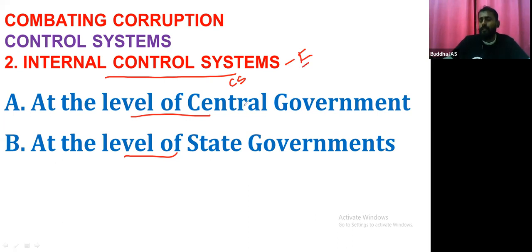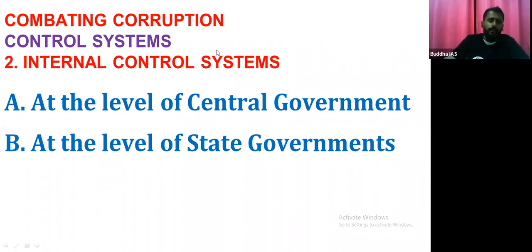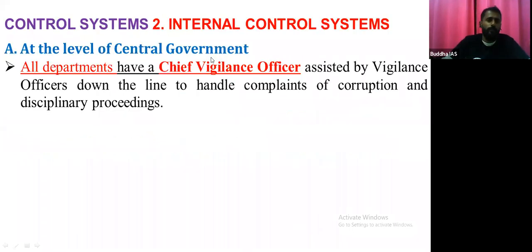This also we have studied with respect to mechanisms of accountability. Now let us discuss these things in detail. Here, in a crisp way, second ARC has explained the complete mechanism with respect to the internal control system with reference to corruption. Let us see one by one.